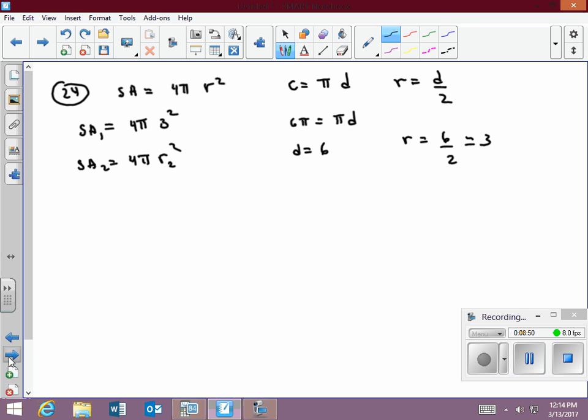So surface area 2 is going to be 3 times the surface area 1. So we'll plug these two in. 4 pi r sub 2 squared has to be 3 times 4 pi 3 squared.